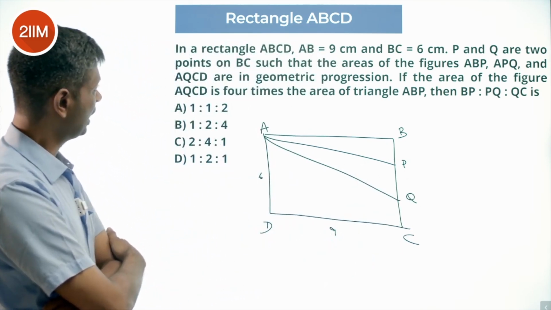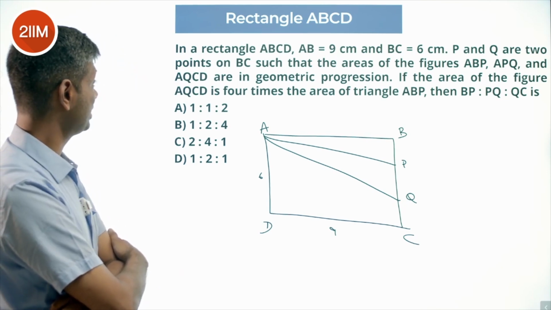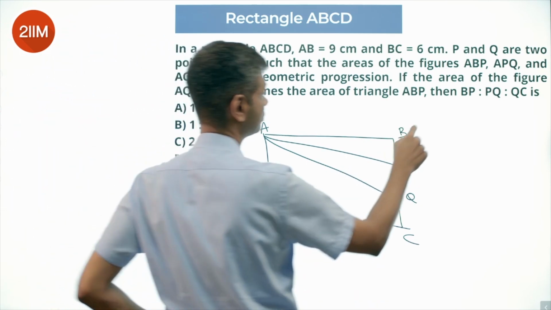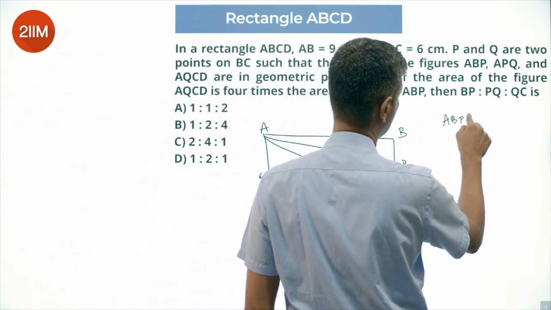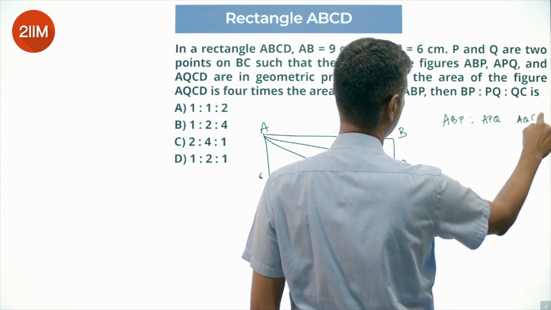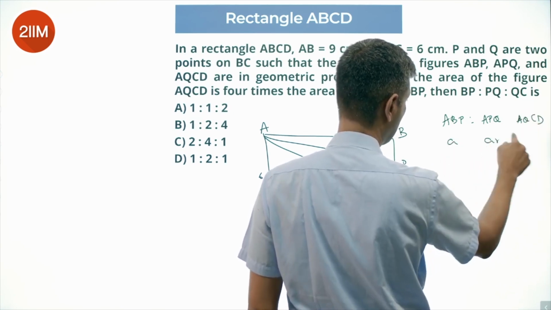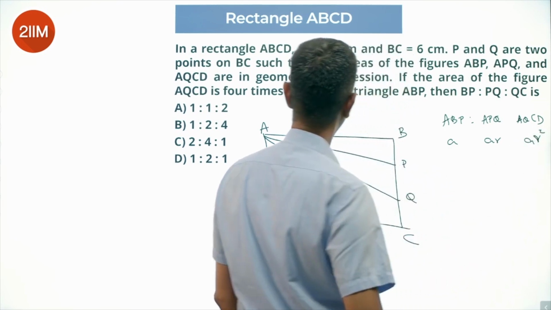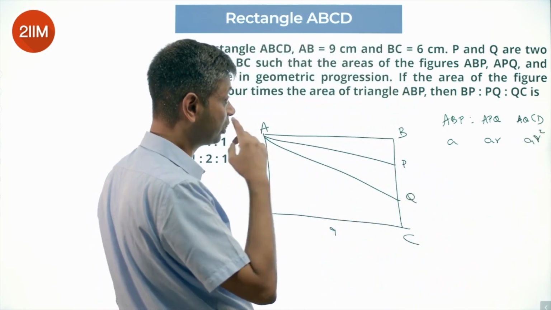Nice. The area of figure AQCD is 4 times the area of triangle ABP. ABP is to APQ and then AQCD, that's a geometric progression.